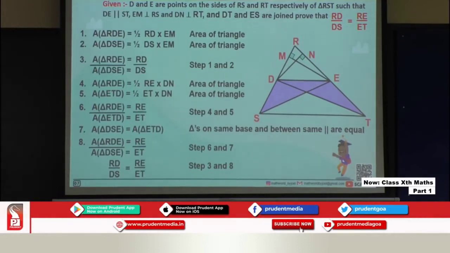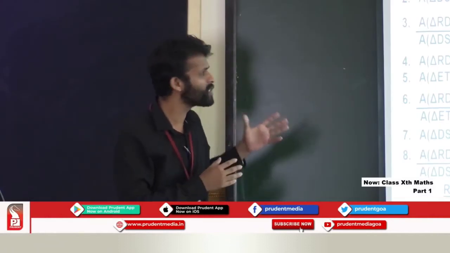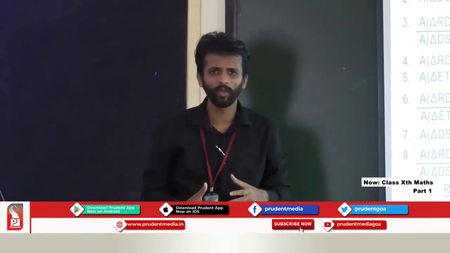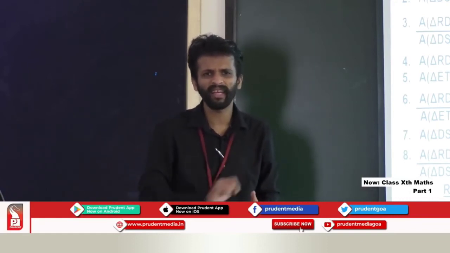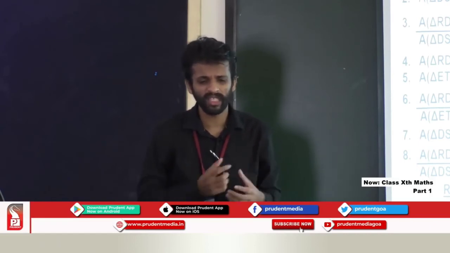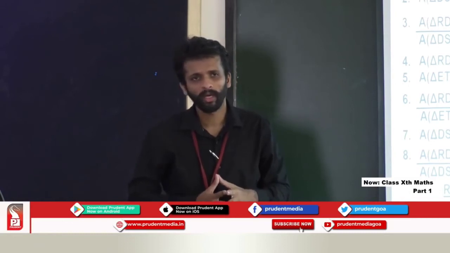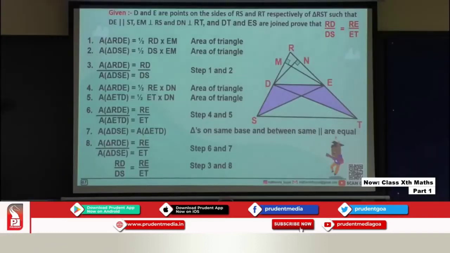Next, what I would want from your side is that please do not learn this entire proof by heart, because I've come across so many students who just learn it by heart. They will keep on writing with different alphabets and this and that, but just by heart the entire proof. I don't want you to do that. Then how do I learn the entire proof? All I have to do is chunk all those steps into bits.